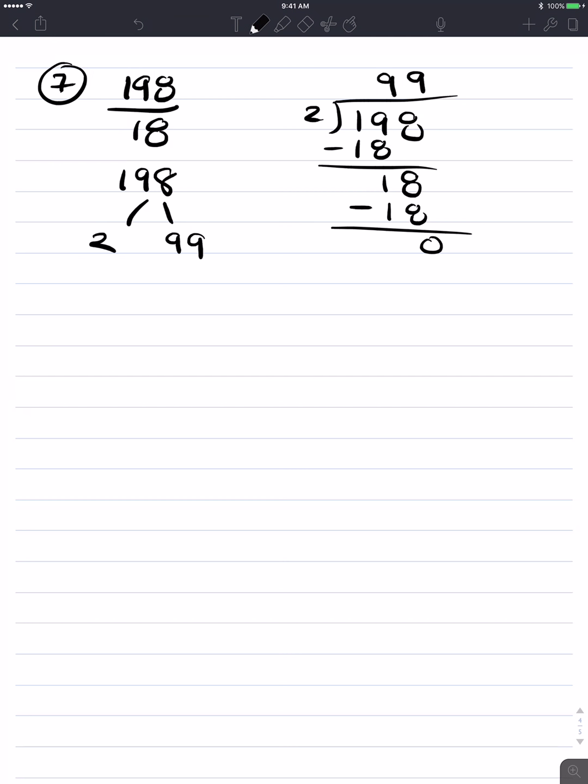So 2 times 99 is 198. 2 is prime. 11 times 9 is 99. 11's prime, and then 3 times 3 is 9. We broke down the number 198 into its primes. 198 is 2 times 11 times 3 times 3.